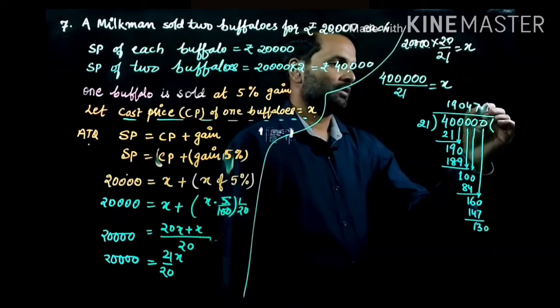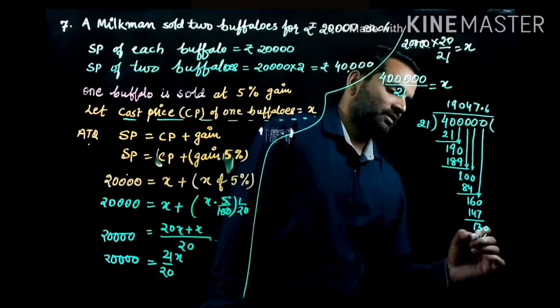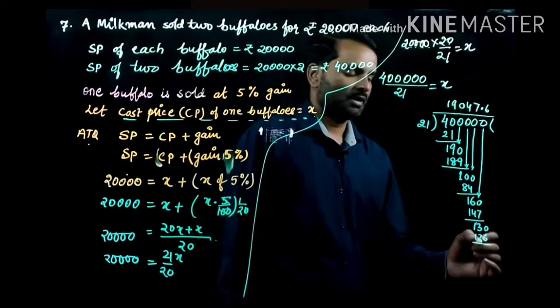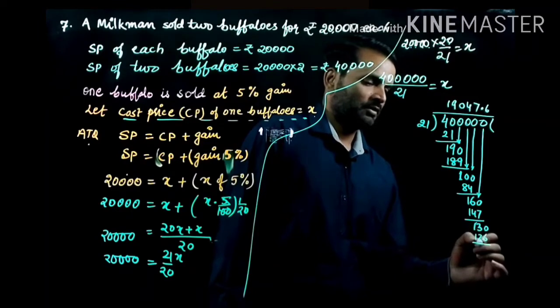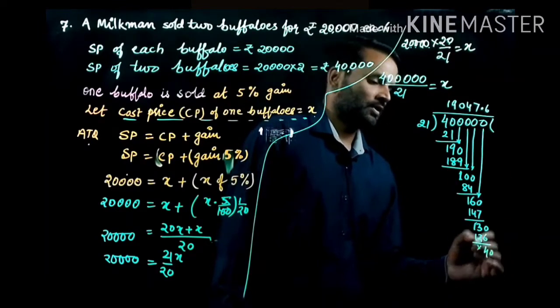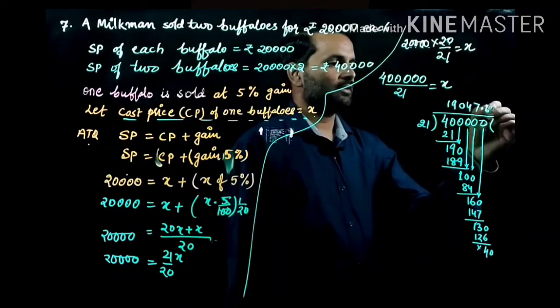Then 6 times, because 7 to the 14 is 6 1 is 6, 6 2 is 126. Then 126 is 4 and put 0, 40 is 1 time, write the 2 times.